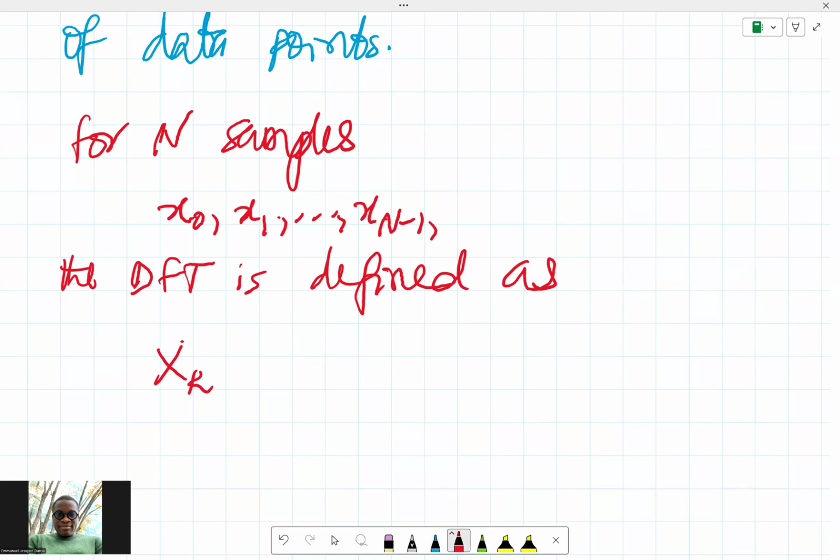X k equals summation from n equals 0 to N minus 1 of x n e raised to the power minus i 2 pi over N, then kn.